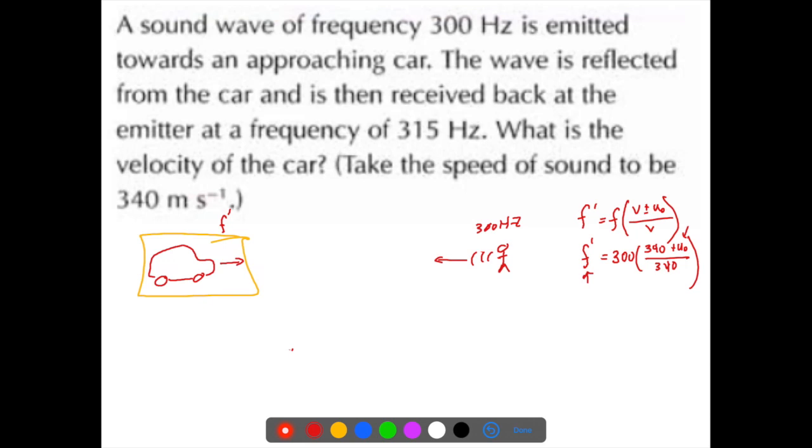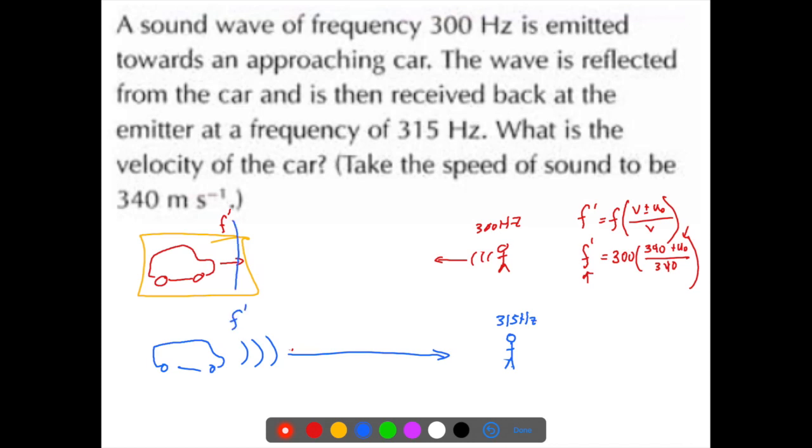What I can do is look at the second scenario. The second scenario is now that the car is the source, and it's bouncing the sound back to the man who is listening. And when it gets to him, we know that it's supposed to be 315 hertz. So what is the frequency coming from the car?